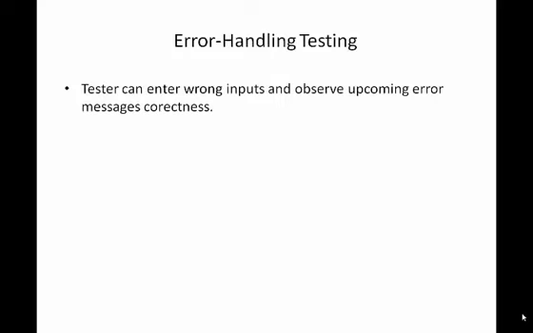Here, the tester can enter wrong inputs and observe the correctness of the error message. We can also say instead of a numeric value, if we give an alphanumeric value, it should show an error message. It is called error handling testing.